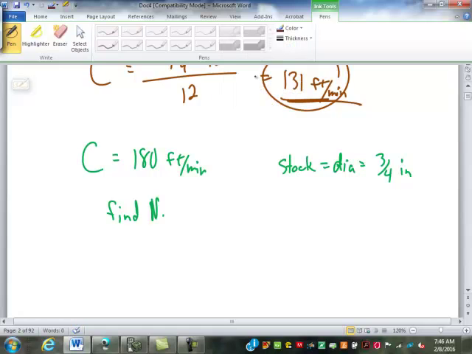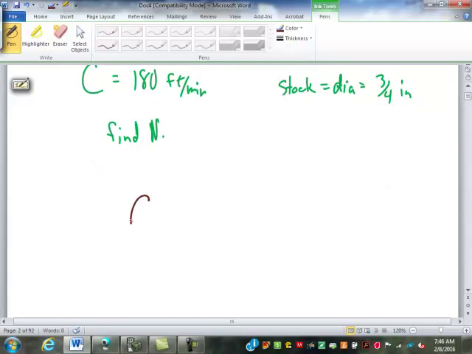Well, this is where our algebra skills come in handy. C equals pi dn over 12. To solve for n, I would multiply by 12, right? And then do what? Divide by pi d, right?